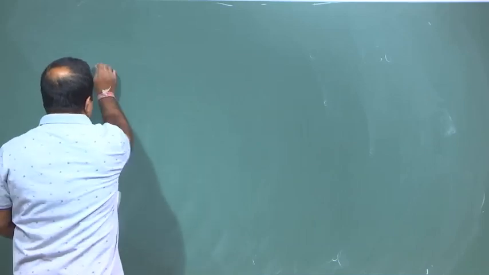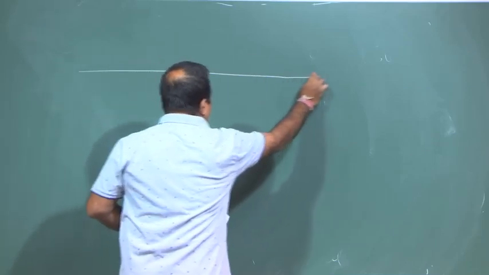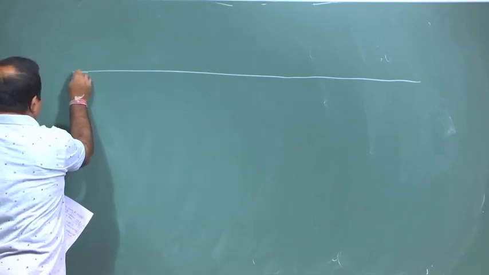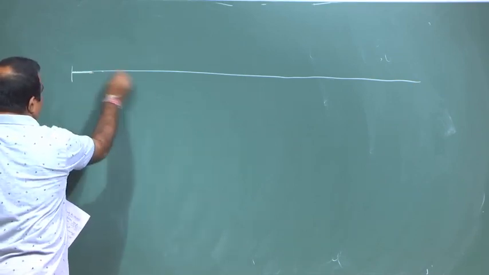So, let us draw this picture here. This is the line of difficulty, computational difficulty. The line starts from here.